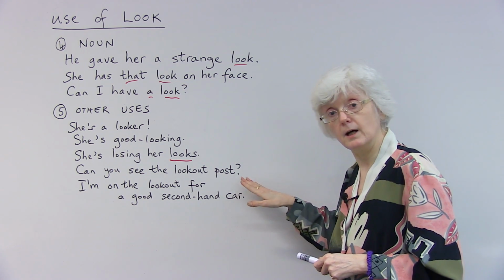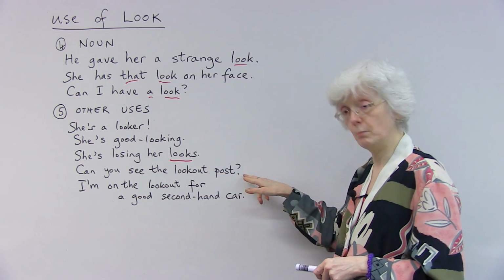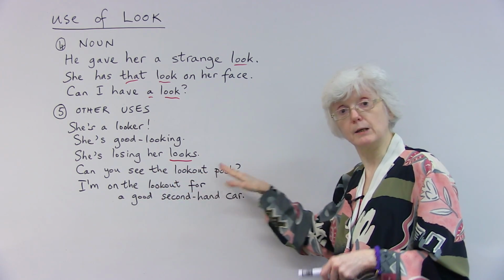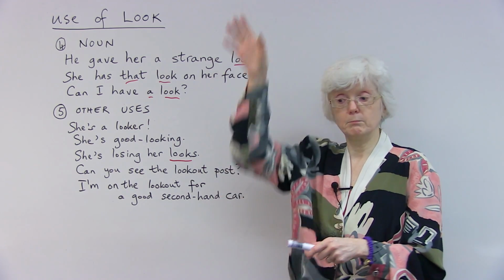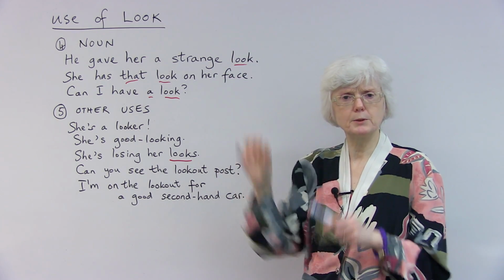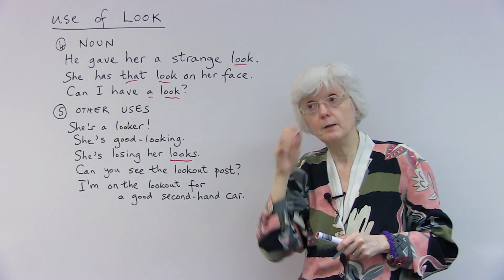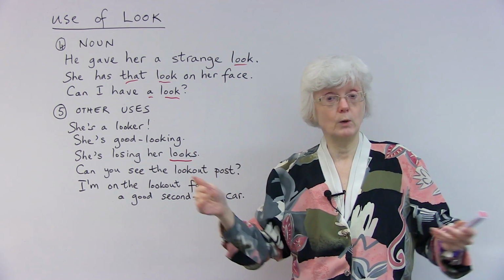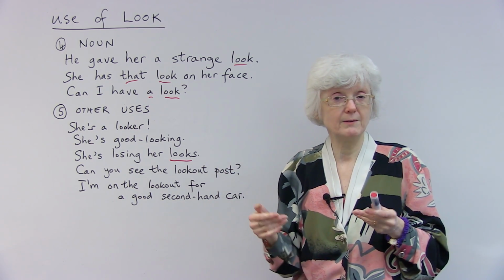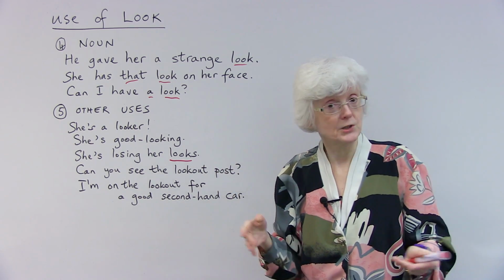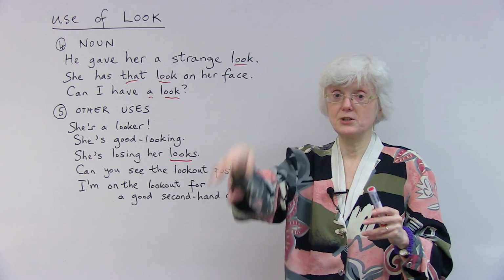And then a word that uses look in it, a lookout post. Can you see the lookout post? This is some post where it's quite high up. You maybe go up a ladder or something and you stand at the top. It could be like on a beach where the people who rescue people who are having difficulties in the sea, they run out and save them.